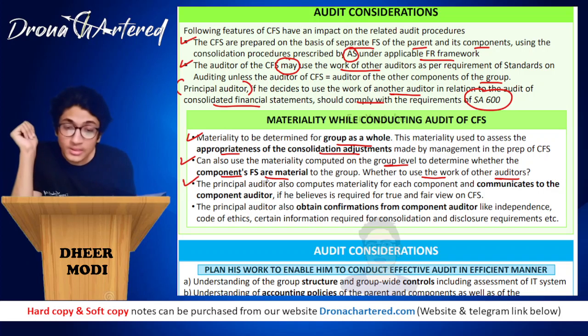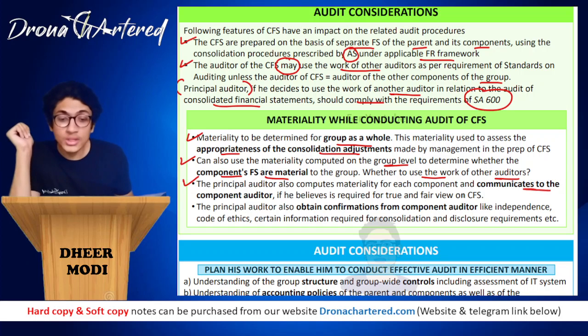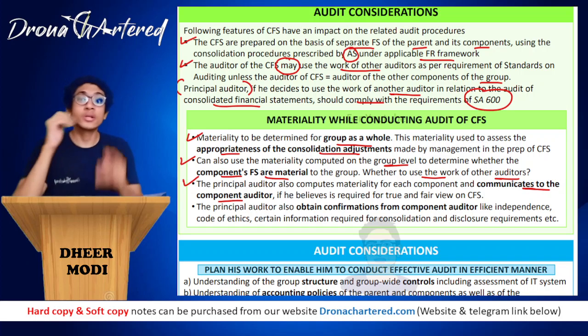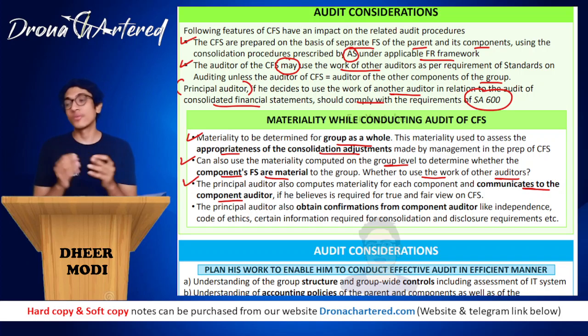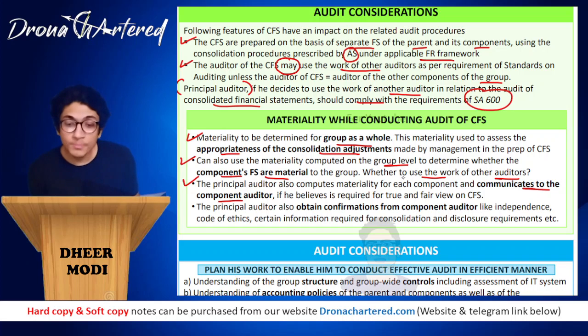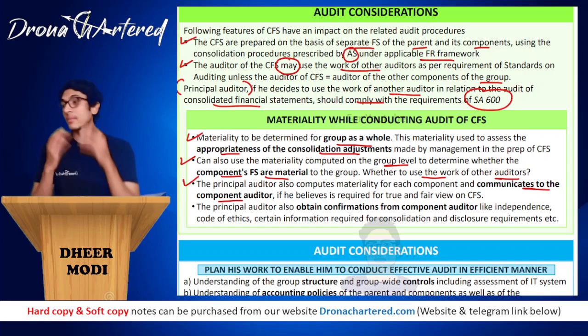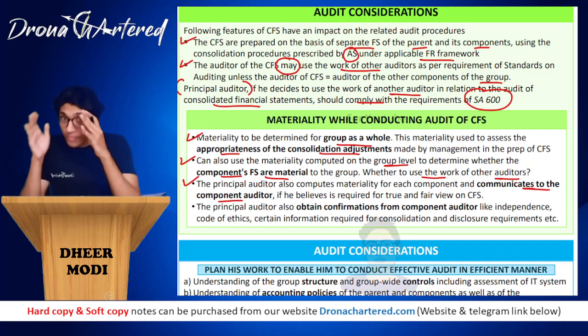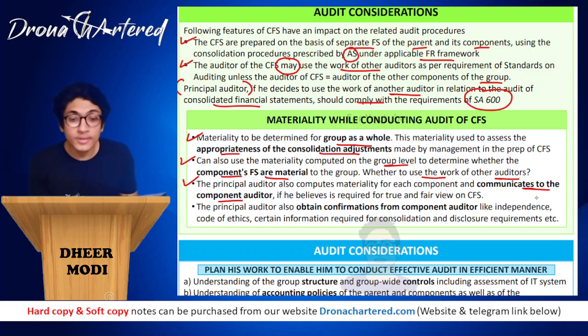Next, the principal auditor also computes materiality for each component and communicates to the component auditor. For example, you have 10 subsidiaries. So what does the principal auditor do? He computes materiality for each component. That means he will compute materiality for each of those 10 components and communicate to the component auditor, if he believes it is required for a true and fair view on CFS.